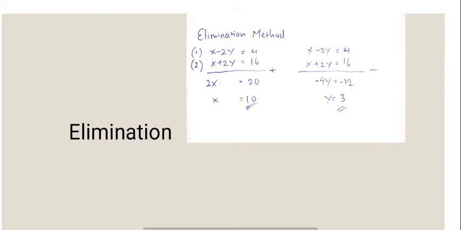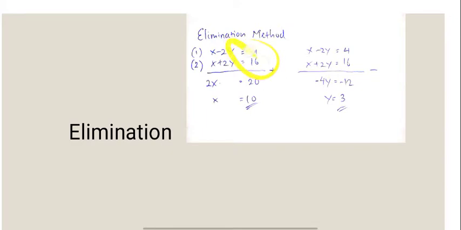After we put the addition sign, we add from the top to below. x plus x is 2x, negative 2y plus 2y is just 0. If you have a question about that, you need to review your addition and subtraction of negative numbers. I'm not going to explain it here.